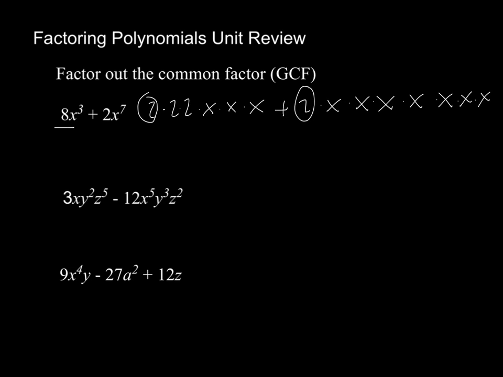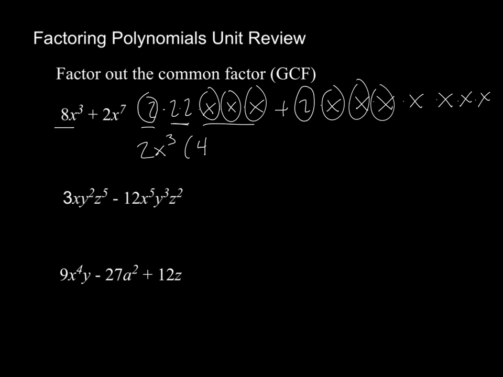They both have a 2. There's 1, 2, 3 x's here, 1, 2, 3 x's there. So the GCF would be the 2 and the x times the x times the x, which is 2x cubed. What's left over in the first term is just the 2 times 2, which is 4.